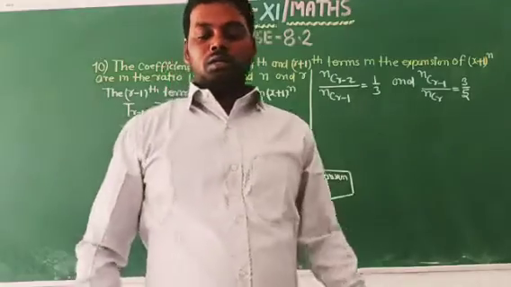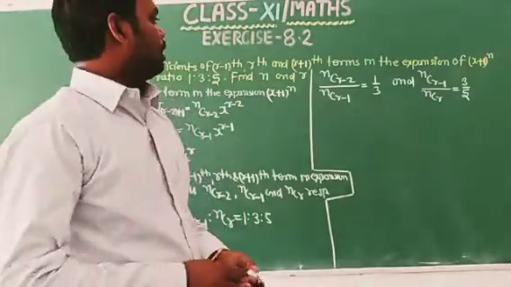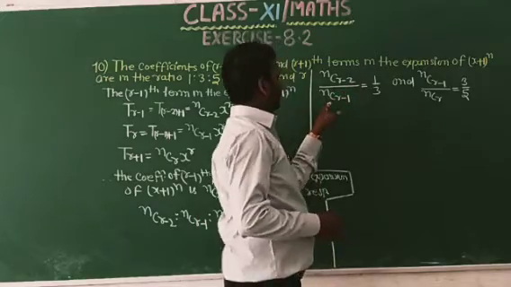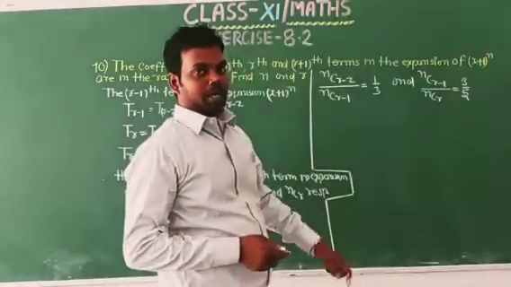Now first I will simplify nC(r minus 2) by nC(r minus 1) equal to 1 by 3.